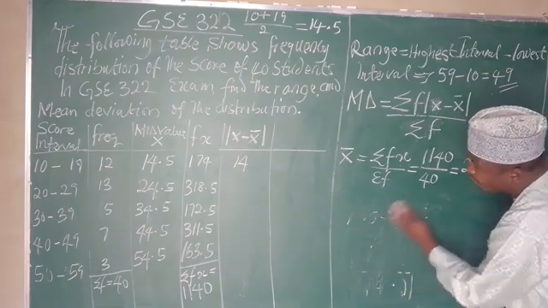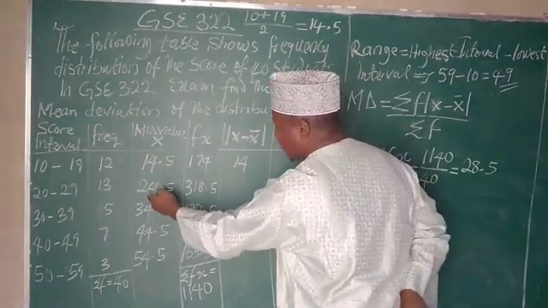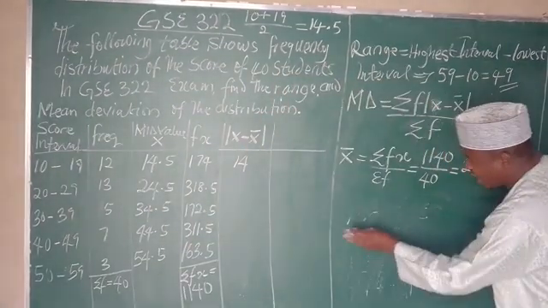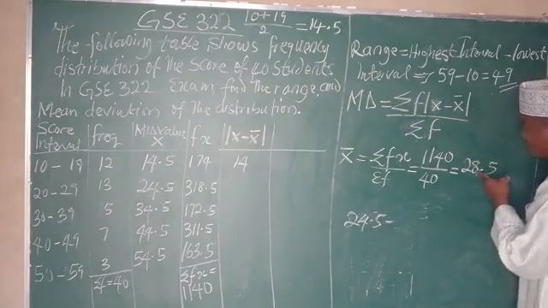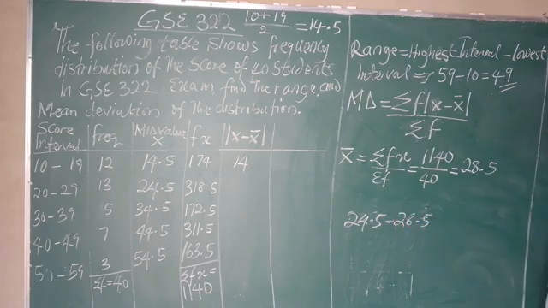Then the second one here is going to be the value of x in the second row, which is 24.5, minus the mean. Therefore, 24.5 minus the mean, which is 28.5.